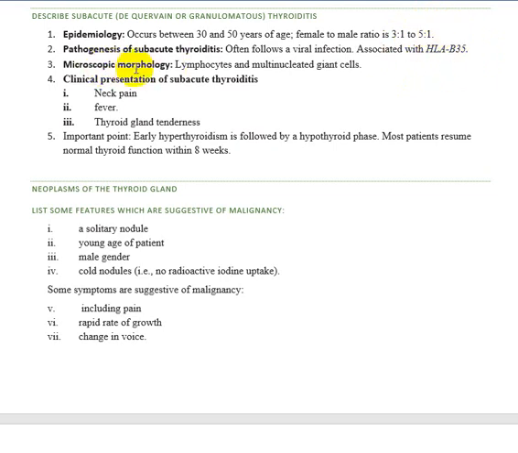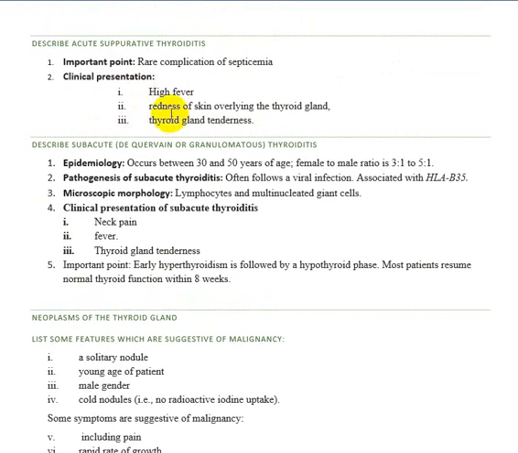So the microscopic morphology, you see the lymphocyte and multinucleated giant cells are found. This is going to cause the production of granulomas. So from this, you can already expect that the de Quervain thyroiditis is going to have nodules present on it. Can be multinodular or uninodular. Clinical presentation: you have neck pain, so it can be localized.